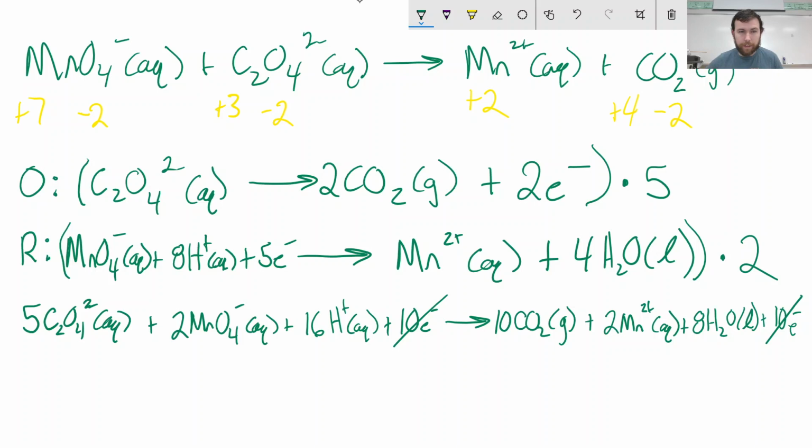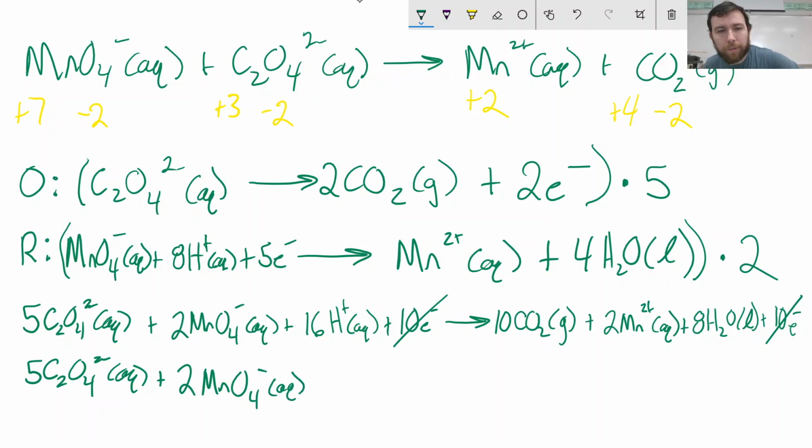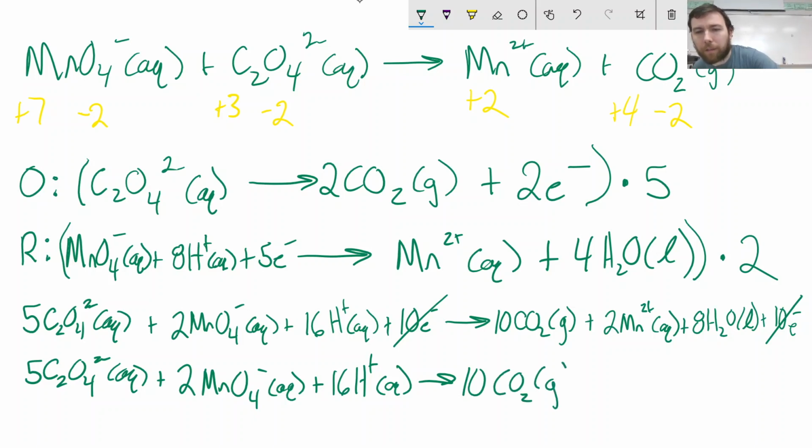And so when we look at this, our final overall balanced equation for this process in acidic solution would be 5 C2O4 2 minus aq plus 2 MnO4 minus aq plus 16 H plus ions aq produces 10 carbon dioxide molecules plus 2 manganese 2 plus ions plus 8 waters.